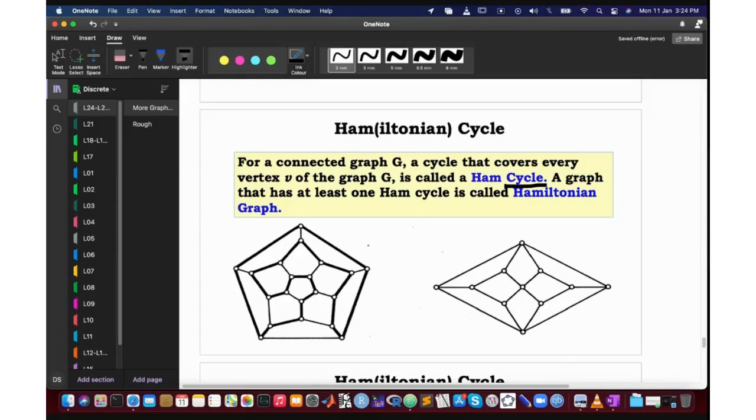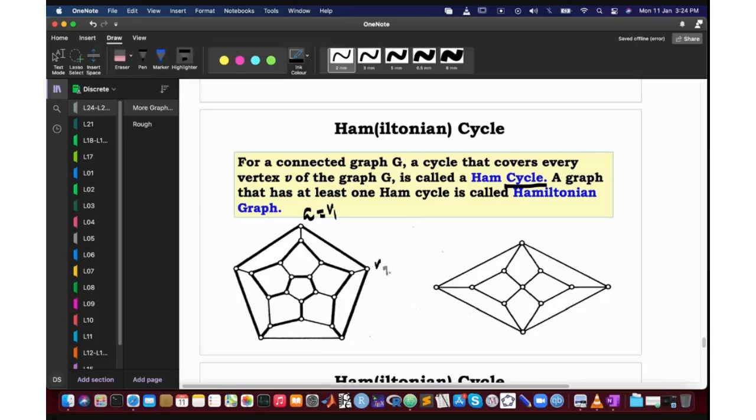Here are two graphs. In this case, I think the drawn one is a circuit. So you don't have to visit all the edges in this case. You only have to visit all the vertices. So for example, if I start at this vertex, let me call it V1, because it will help me.